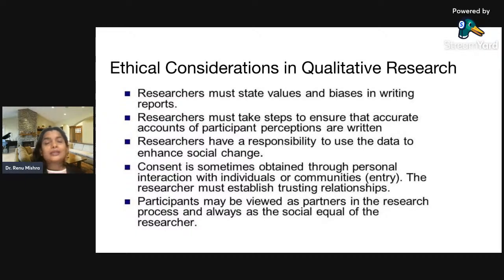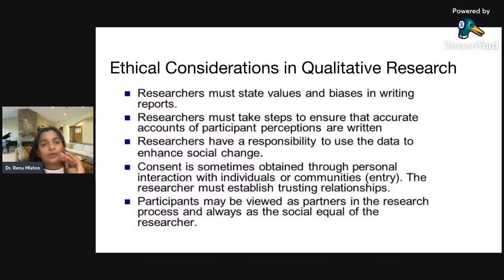For instance, you cannot publish any responses, any answers, without the consent of the participant. I know it goes without saying that all of you must be taking due consent, but just to make sure, you should not publish anything without anyone's consent. So consent is very important, and do not try to manipulate the data. This consideration is important in qualitative, quantitative, everywhere.